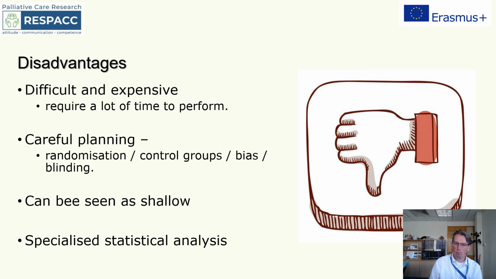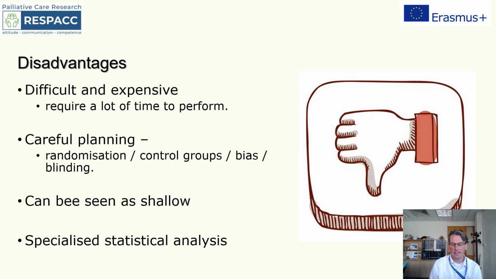Quantitative data can also be seen as shallow. It can be very broad. We collect a lot of data, but there are arguments actually about when we think about the scales that we use, how accurate those scales are in actually defining and describing particular concepts. And a key thing with quantitative studies as well is that it often requires specialized statistical analysis.